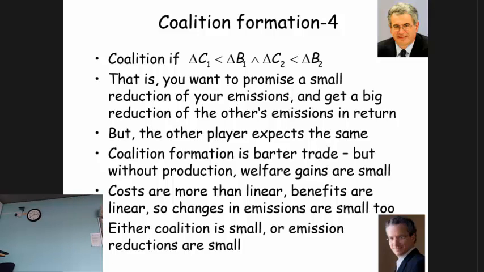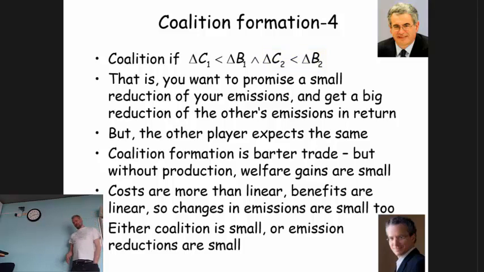But from your perspective, you have exactly the opposite demand. You want to do a little bit extra in the hope that I would do a lot extra. So this is the condition for player 1 to join the coalition, and this is the condition for player 2 to join the coalition, and they are the exact opposite of each other.